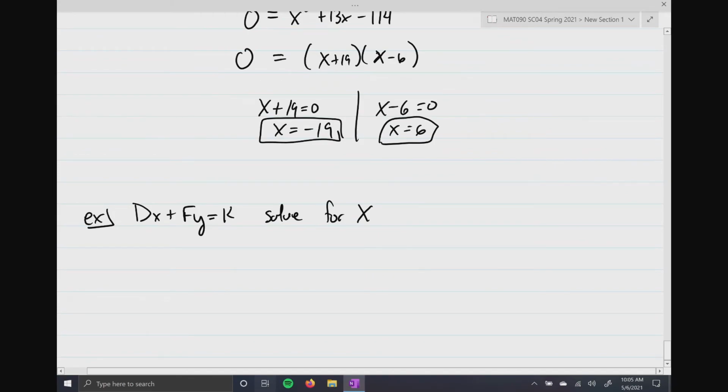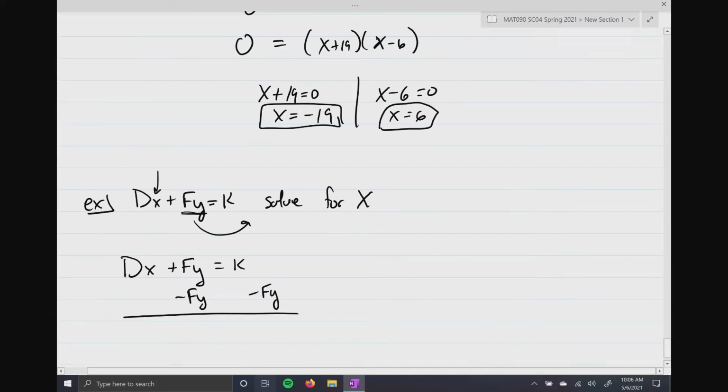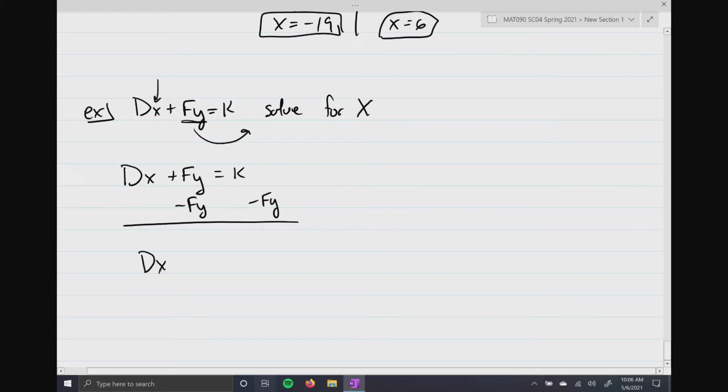So I'm going to solve for x. So the x is being multiplied by the d. So this fy, I'm going to move to the other side. So all I'm going to do is just rewrite real quick. Subtract the fy from both sides of my equation. That gives me dx equals k minus fy.